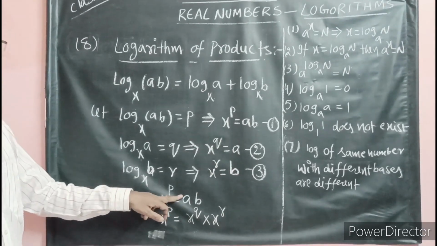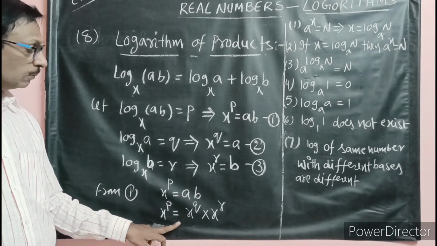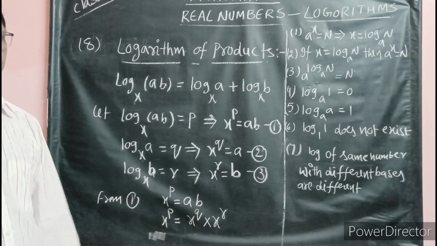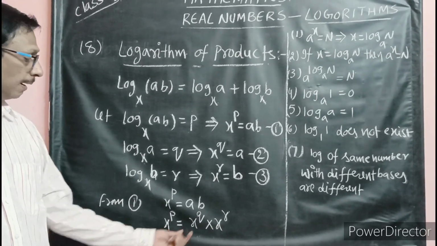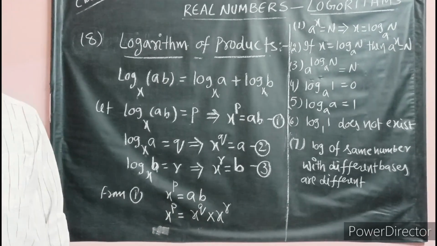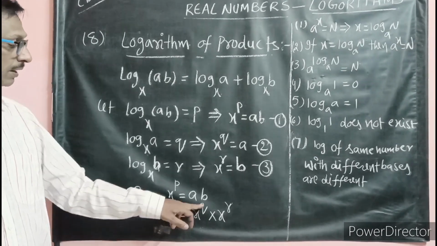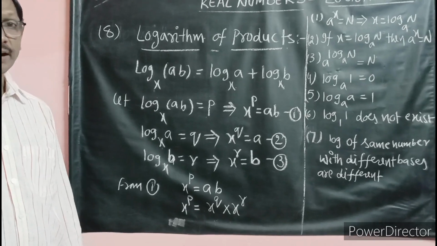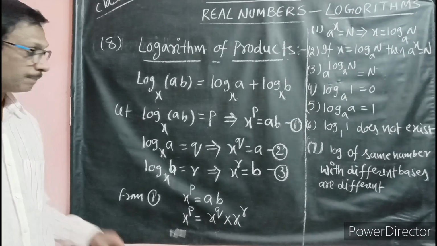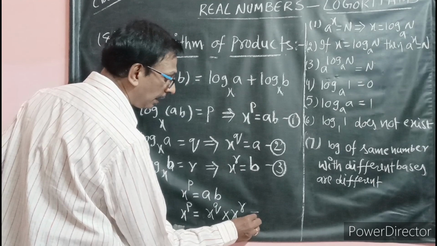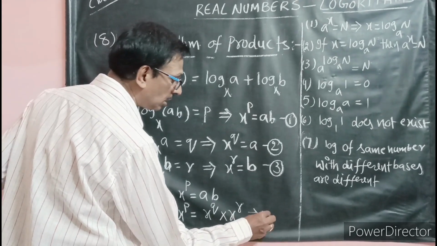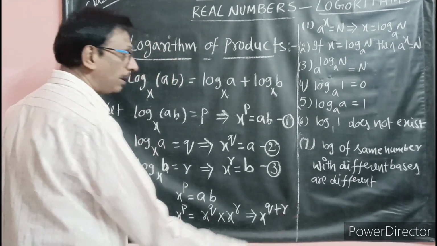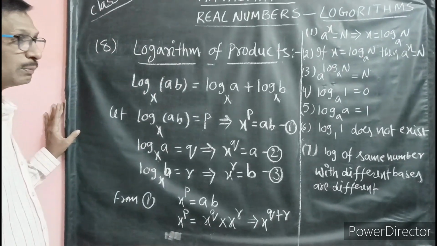A బదులు x to the power of q పెట్టాము, b బదులు x to the power of r పెట్టాము. Now apply the laws of exponents. A power m into a power n, all of you know about that, it is a power m plus n. That means x to the power of q plus r, you write by using the laws of exponents.